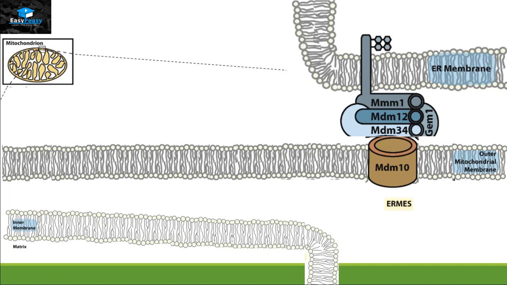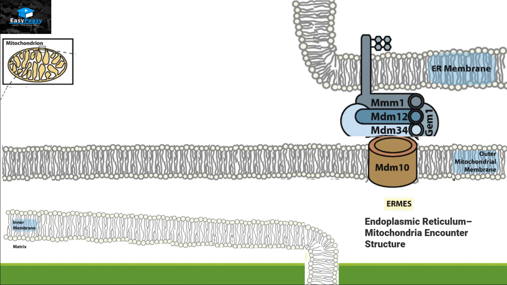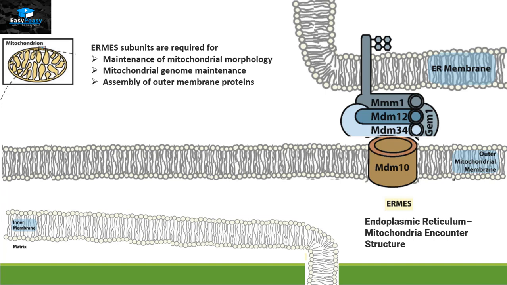The full form of ERMES is endoplasmic reticulum mitochondria encounter structure. These ERMES subunits are really important because they are required for the maintenance of mitochondrial morphology, mitochondrial genome maintenance, and assembly of the outer membrane protein.